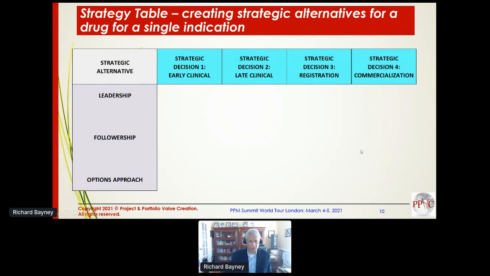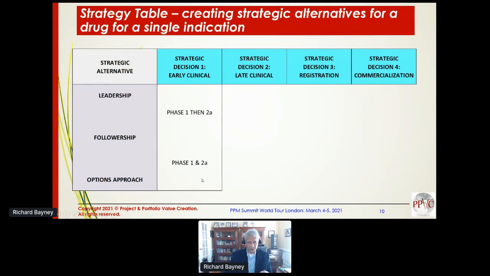Now let's look at your options or strategic options for each one of your strategic decisions, and let's begin with the early clinical. To this organization or this company, there are 2 degrees of freedom or 2 options that are available to it. They are described as follows: conduct phase 1, then do phase 2A, or conduct phase 1 and phase 2A concurrently.